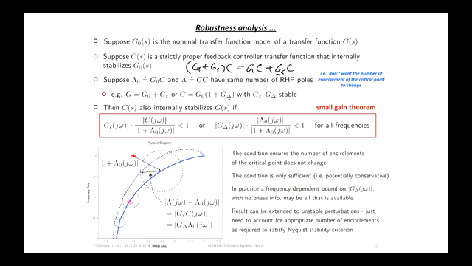Each point along here corresponds to a different frequency. So we can think of this point here as being lambda naught j omega, and that's why this little vector from here to here is 1 plus lambda naught. And the magnitude of that will be the magnitude of 1 plus lambda naught at the corresponding frequency.